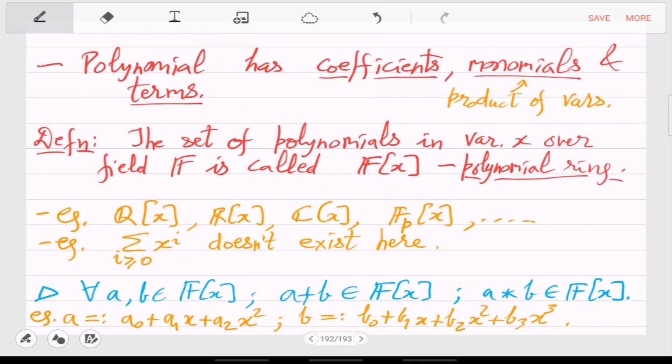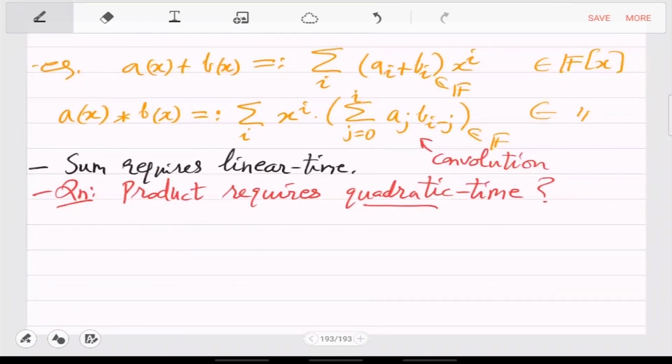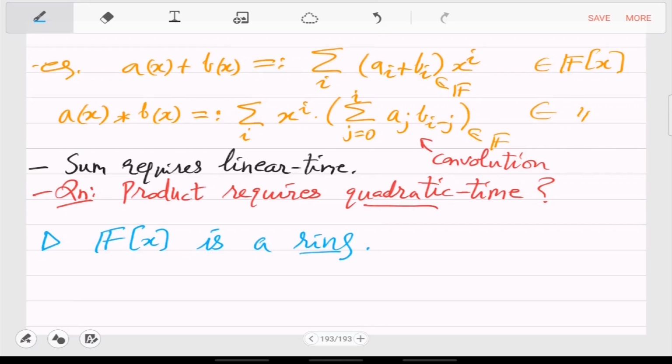So where are we? We have computed some product, and we have obviously 1 and 0 also. So this F[x], right, this is a ring, which is why we gave it the name polynomial ring, because in particular, it's a ring. You can add things, you can multiply things.